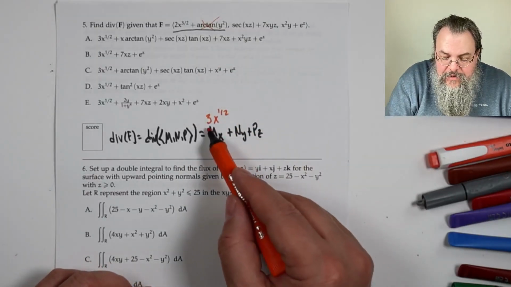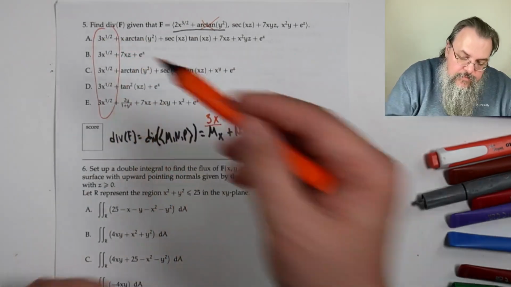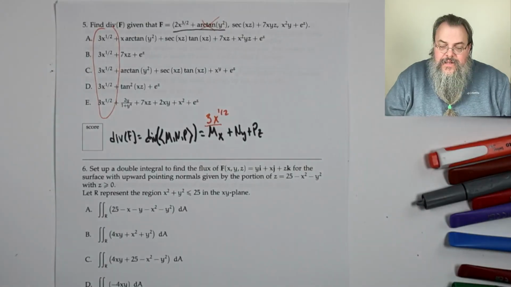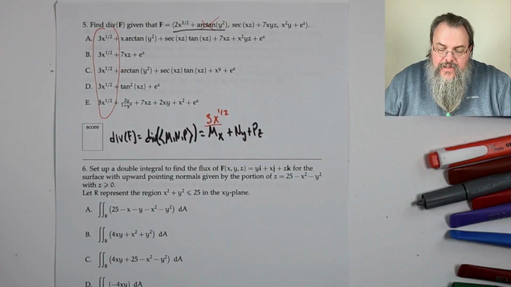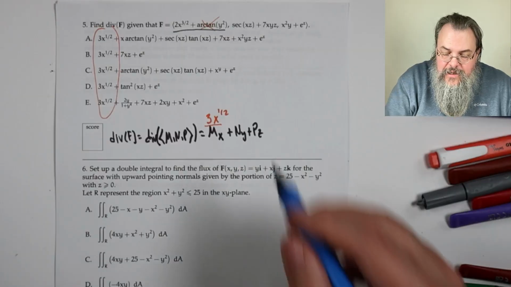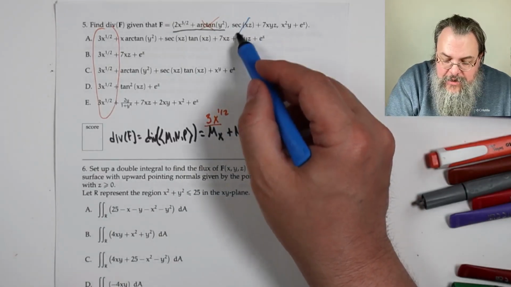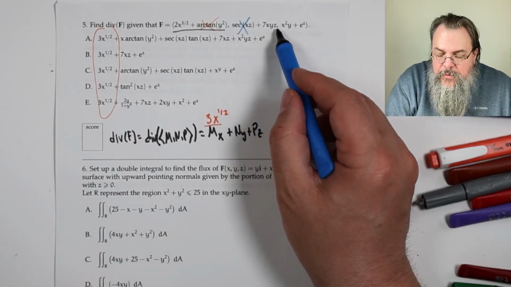Okay, so we should have something with 3x to the 1 half. Okay, so they all have that. All right, no worries. Now we go to the second slot. And we say, okay, second slot, that's our n. Take the derivative with respect to y. There's no y there, so that doesn't need to worry about it. What's the derivative of 7xyz with respect to y?